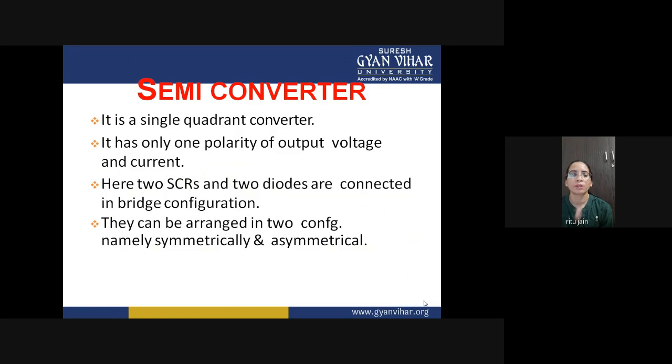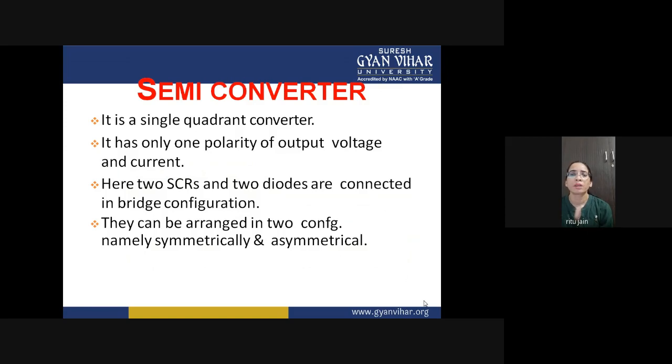So that is your first quadrant, or single quadrant. The polarity of your voltage and current will be one polarity. It has only one polarity of output voltage and current. That's why this is your single quadrant converter.